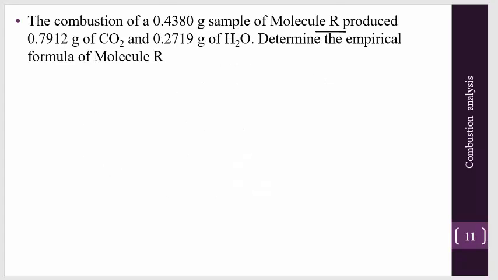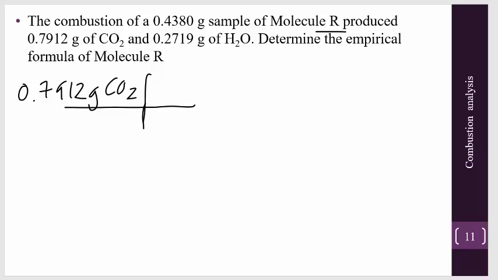Okay, I'm going to do one more question here about combustion analysis and determining an empirical formula. So here we have another molecule R. We know how much was combusted, and then we know how much of the 2 different products were made, CO2 and H2O, to determine an empirical formula for those. Okay, let's start with the CO2. So that's how much product CO2 was made.